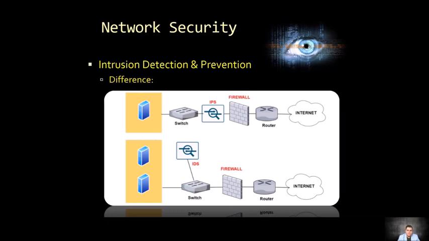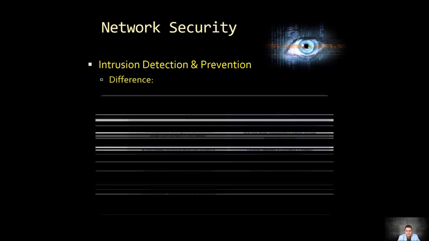Both of them are very adjacent to the firewall. Some of them can be in the DMZ zone, or they can be really attached to the firewall. Cisco has a module of IPS that you can actually insert inside the router with the firewall, so this can give you even better capabilities of the IPS.